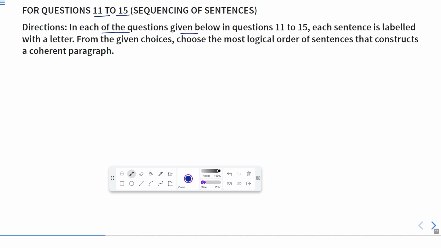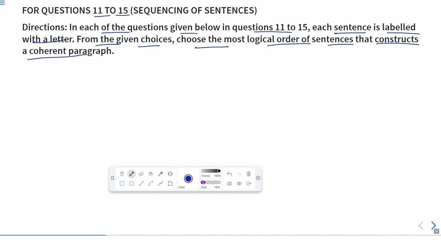In each of the questions given below, in questions 11 to 15, each sentence is labeled with a letter, like A, B, C, D and so on. From the given choices, choose the most logical order of the sentences that constructs a coherent paragraph. It means these are rearrangement type of sentences.